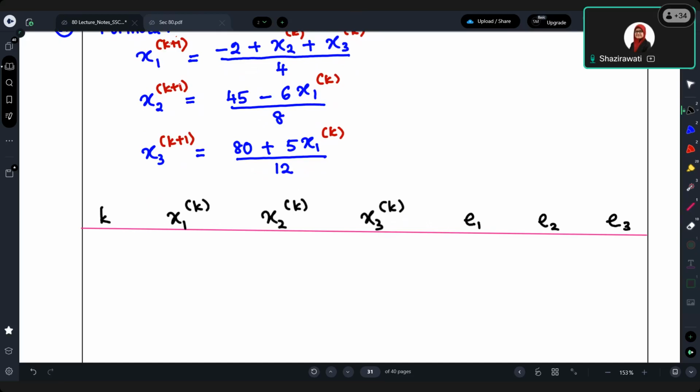The difference between two consecutive x. So I put it in simpler notation: error 1, error 2, error 3. So E there is the difference between two consecutive x. E1 is the difference of x1, E2 is the difference of x2, E3 is the difference of x3.